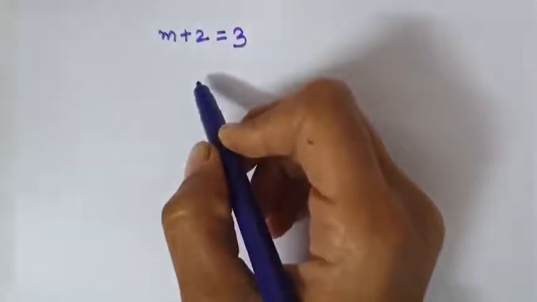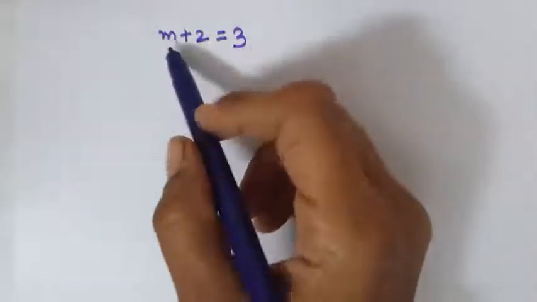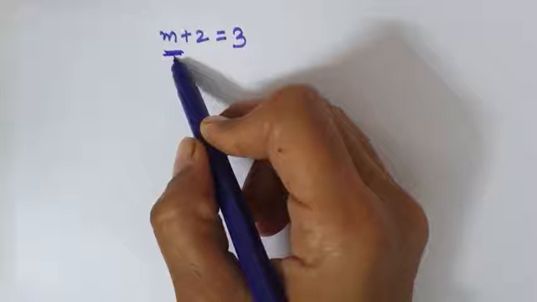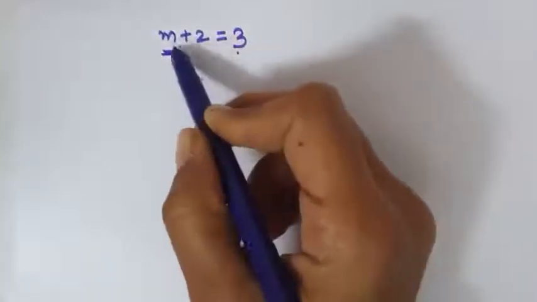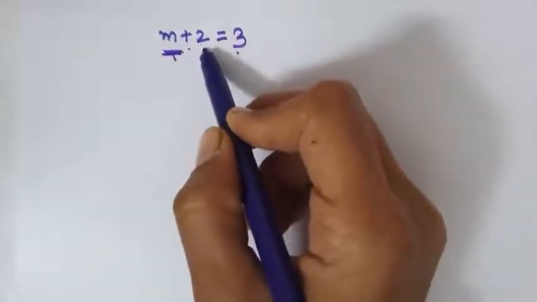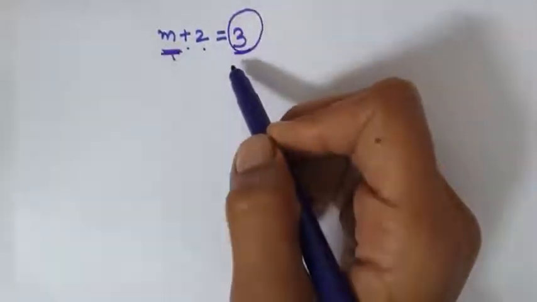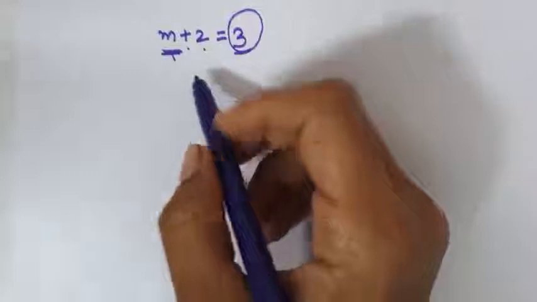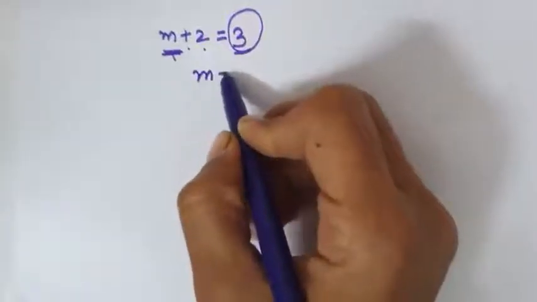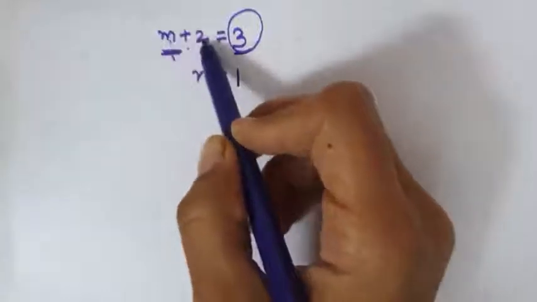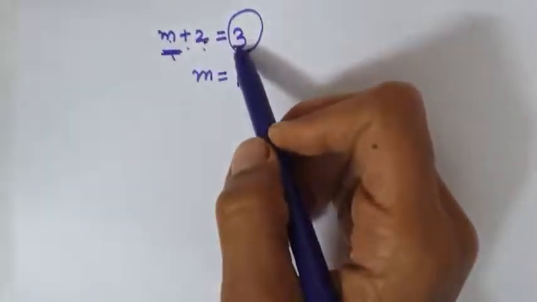Now students, think what value of m you will put here so that on adding it to 2 you will get 3. Yes, it's very simple. m should be only 1 because 1 plus 2 gives you 3.